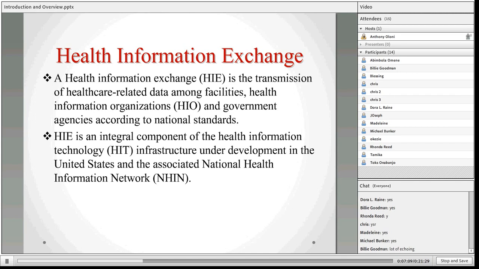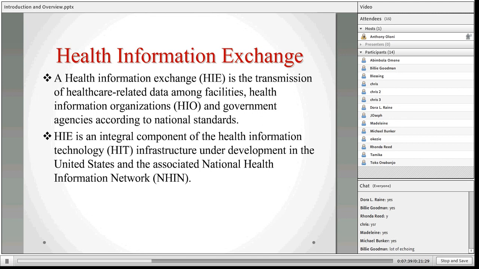So HIE is basically short for Health Information Exchange, and it's sometimes used interchangeably with the Regional Health Information Network. However, if you are an informatics specialist, as you guys are going to be when you graduate and get your first certificate, the terms are somewhat different.